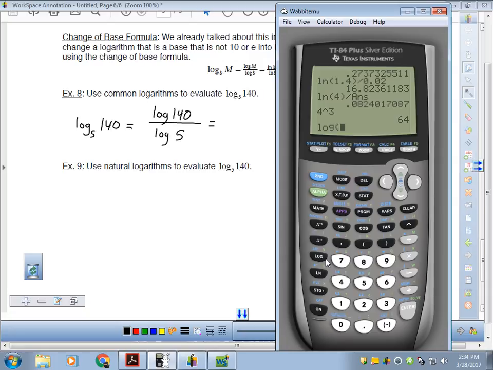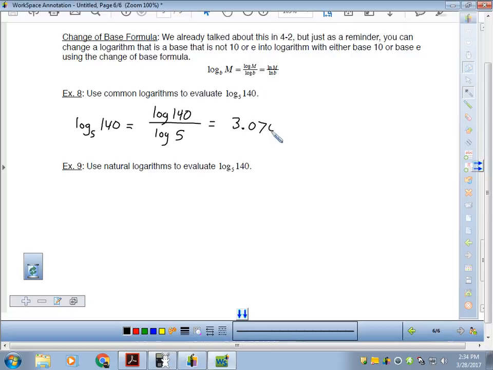So I'm going to do log of 140, close that log, divided by log of 5, close that log, hit enter, and I get 3.070. Okay, so that's what I get when I evaluate it with common logs.